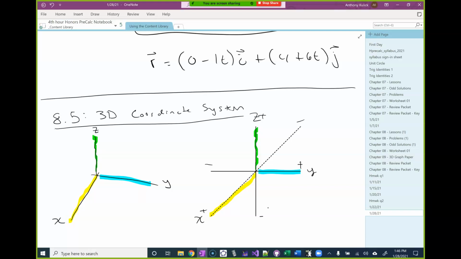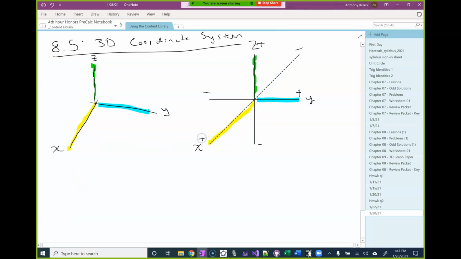I'd rather have the x and y in the same position that they normally are, with the z being the new one that we've added, but this is the convention, so we just have to deal with it. All right, so let's practice what it takes to graph a point.